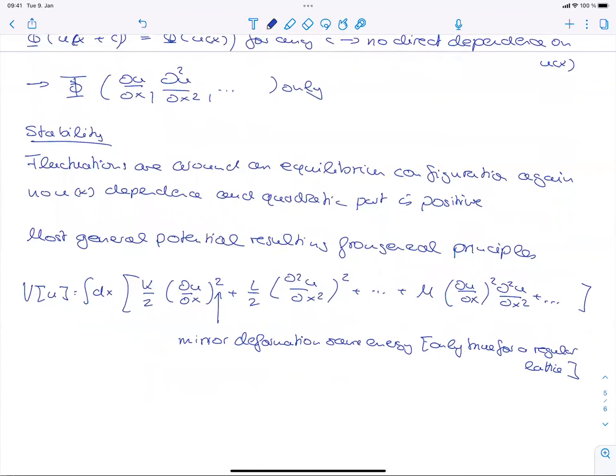Okay. And now we can start with this potential and go back to calculating the dispersion relation.